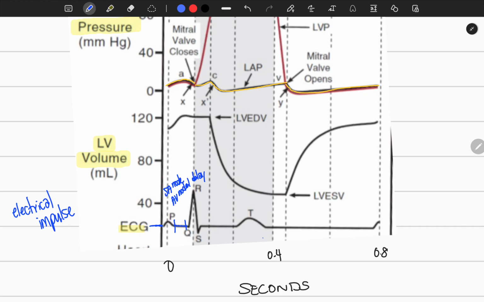We then go into Q to R. Q to R is the bundle branches going down the septum of the heart. This is all seen in lead 2 as it is going from the right arm to the left leg. Since it's parallel, we see that it's a big spike as that signal is being collected all at the positive.